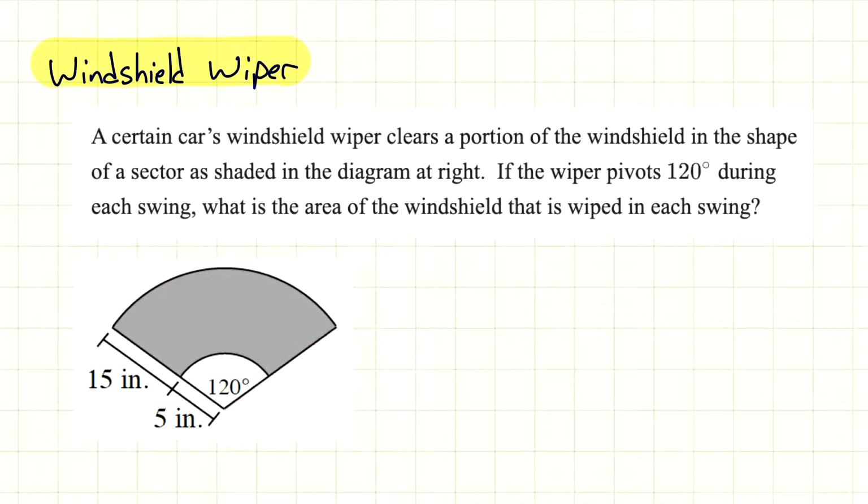All right, so let me see if I can summarize that. The area of the wipe is going to be the area of the whole sector minus the area that's missing. I'm going to call this the pivot, only because they use that word here.